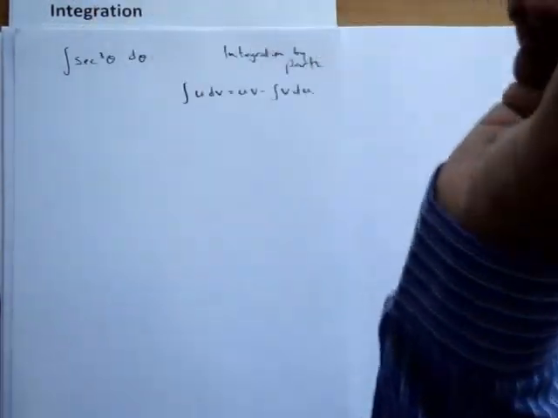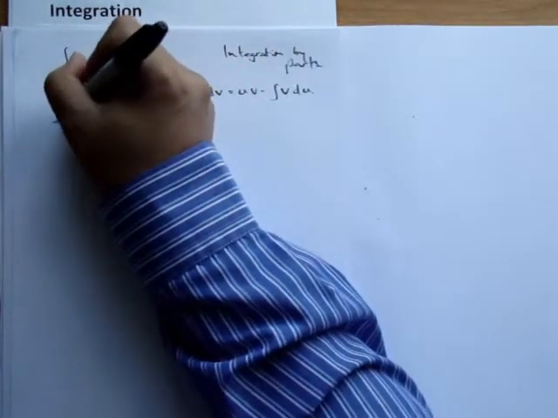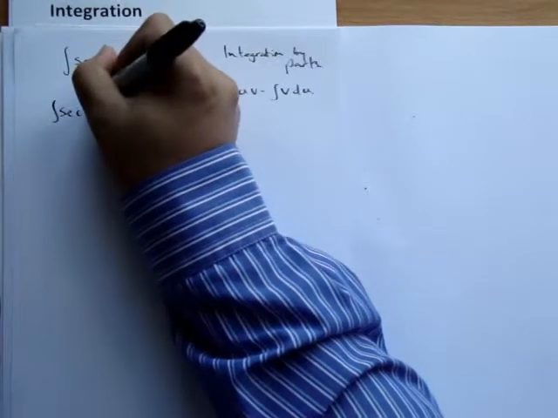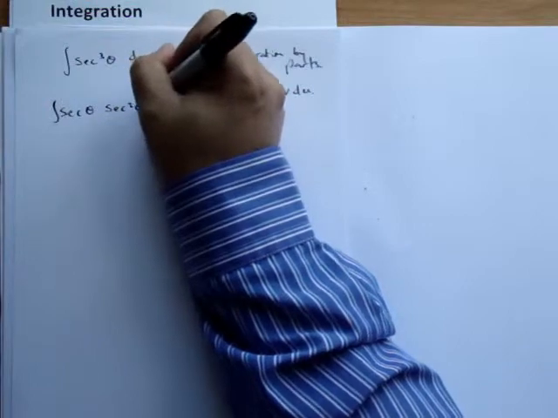This is then secant theta times secant squared theta.